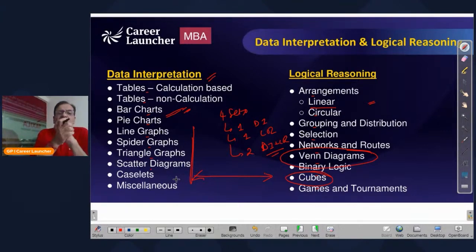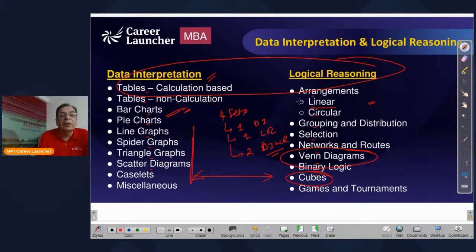Every year, yes, you'll have 1 to 2 sets which are either only DI or only LR, but at least 2 sets of data will be a combination, and that combination could be between DI and LR, which means a vertical horizontal combination, or it could be a combination like this. Concepts of networks and routes with linear arrangement, for example, that kind of thing is possible.